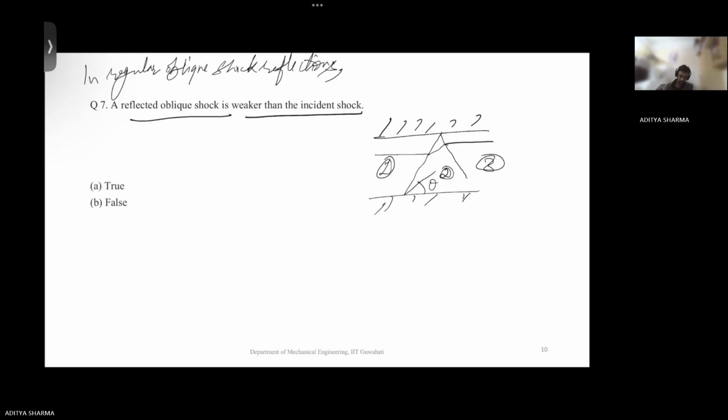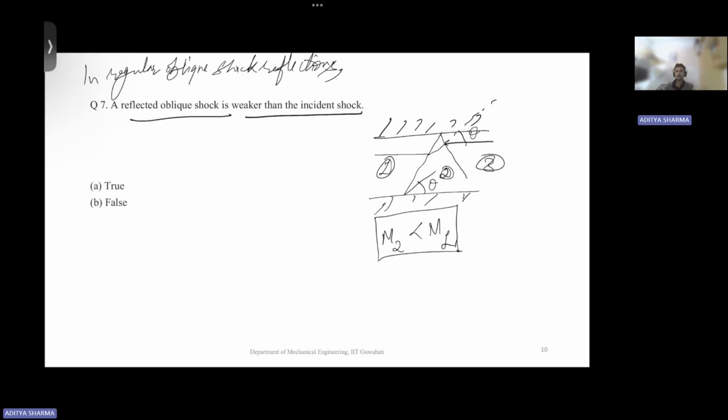Okay, now M2 is less than M1 because across your oblique shock, your Mach decreases, right?